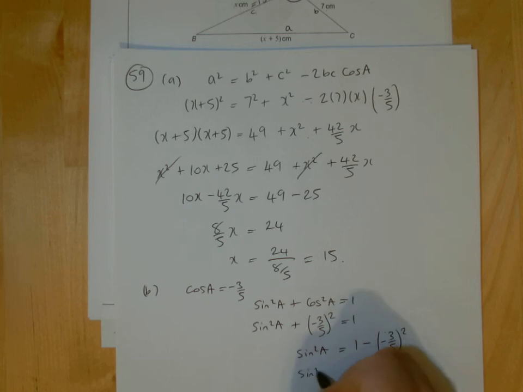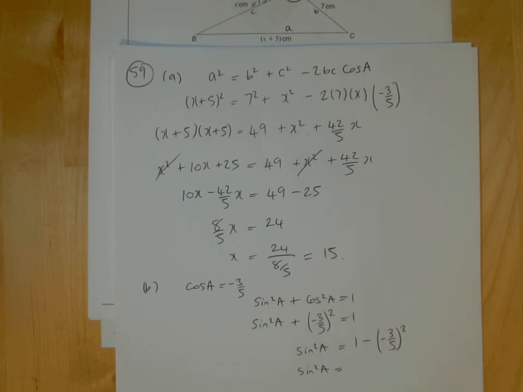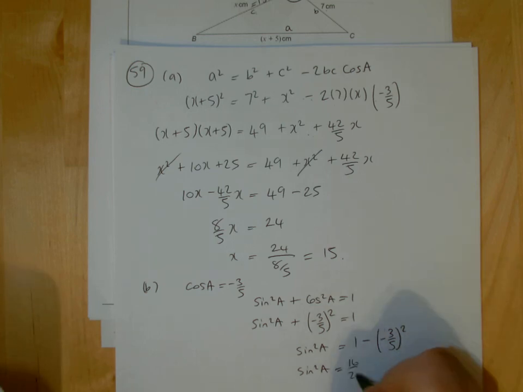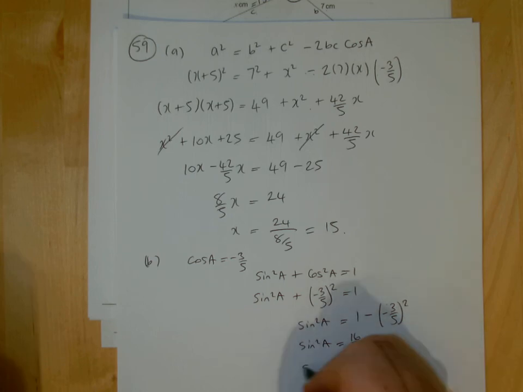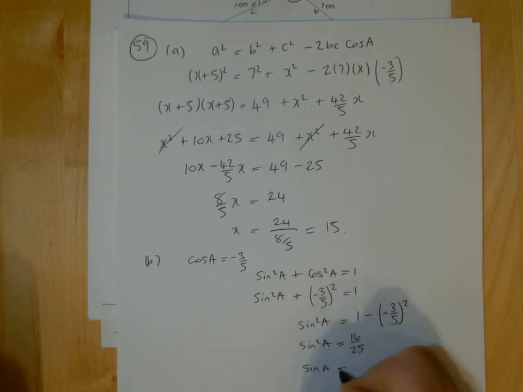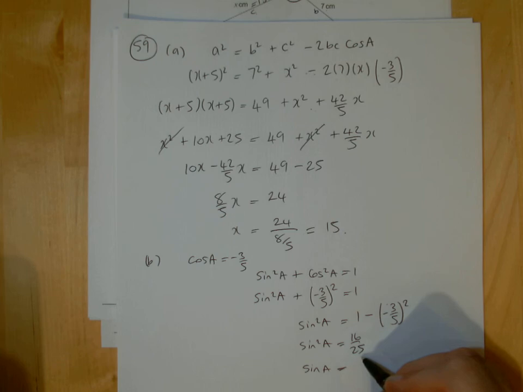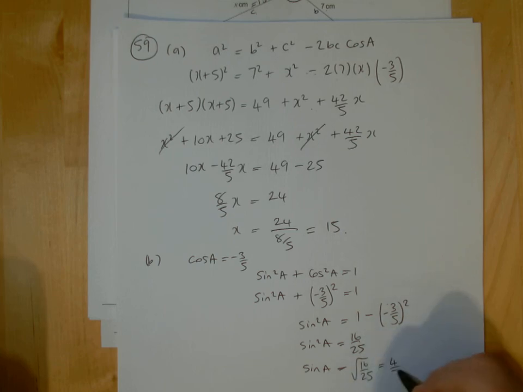So it'll be 1 minus whatever this is, squared. So sine squared A then will equal, let's do that on my calculator, 16 over 25. Of course, that's sine squared A. I want sine A, so I've got to square root it now. If I square root this, I get 4 over 5. So that's what my sine A is.